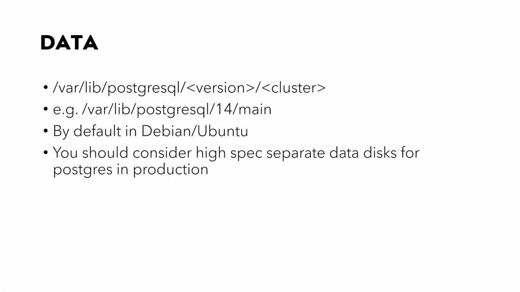And then the data is stored in a similar format, but notice that the data is in var/lib and not in etc. So var/lib/postgresql, this part is actually the default home directory for Postgres. So confusingly the user is called postgres, those 8 letters, whereas the directory is postgresql.